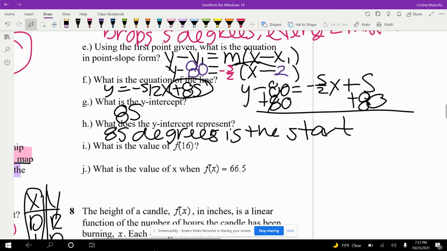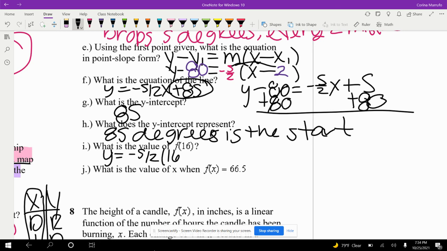It says, what is the value of f of 16? So because it's saying f of 16, we're going to go ahead and plug this into the formula that we got. So it'll be y equals -5 over 2 times 16 plus 85. That's the equation of our line. I plugged it into this equation that we found.